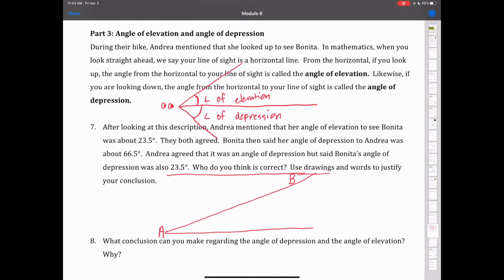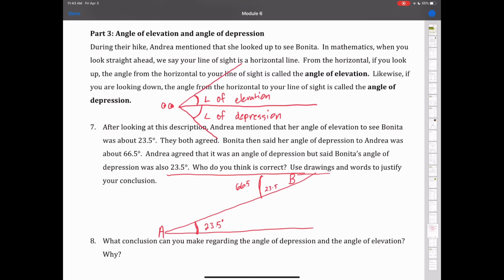Okay, so we know that this elevation right here is 23.5 degrees, the angle of elevation. Okay, and Benita thinks that this angle is 66.5 degrees, and Andrea thinks that it's 23.5 degrees. Who do you think is correct?